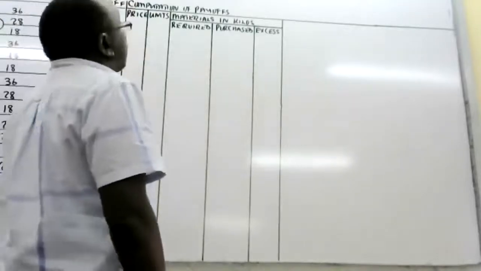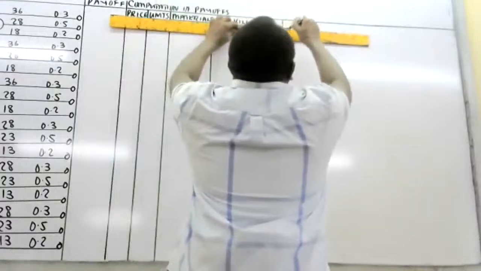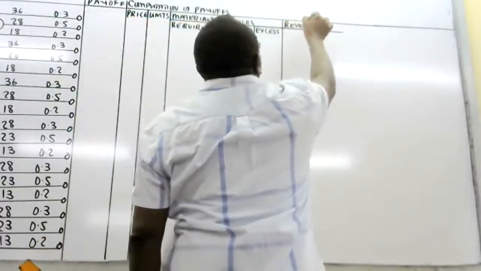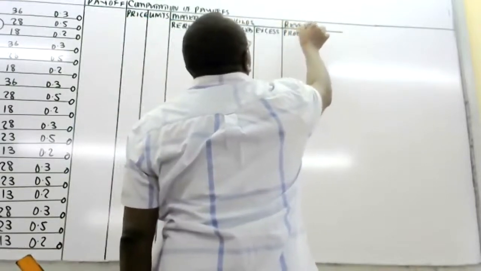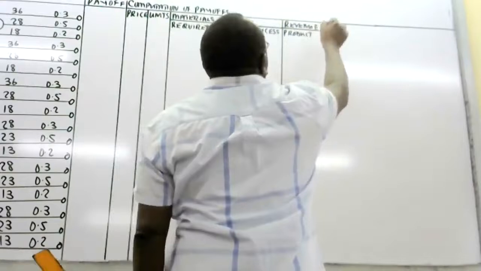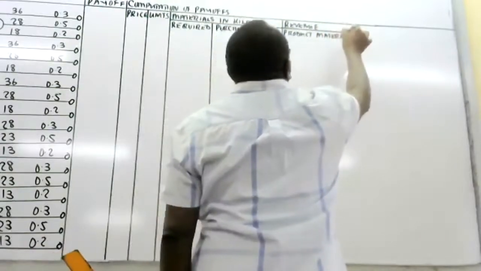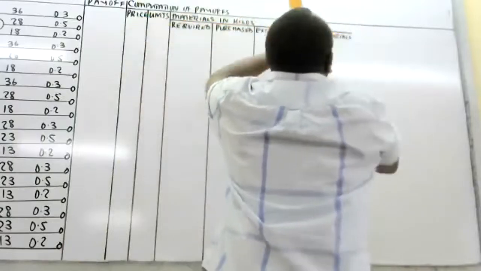So materials in kilos, I have the required, the purchased, and the excess. Then I have revenue, revenue from products and materials.